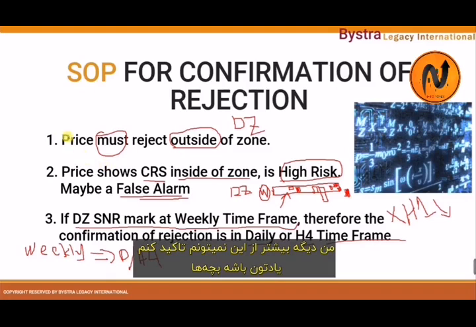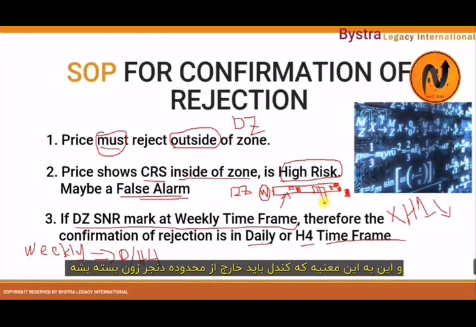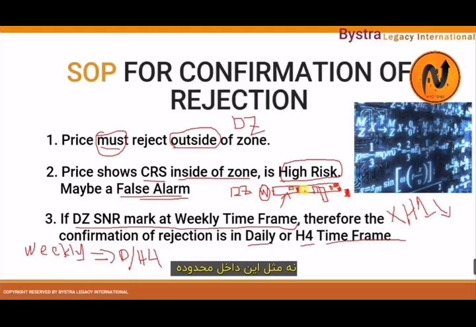So I cannot emphasize even more than this. Remember guys, price must reject outside of the danger zone. The CRS have to show outside of the danger zone. Means the candlestick has to close outside of the danger zone, not inside the danger zone. Like this is very high risk.